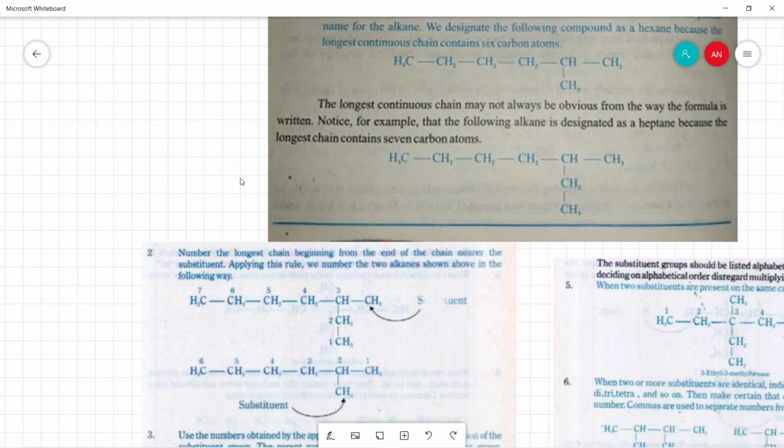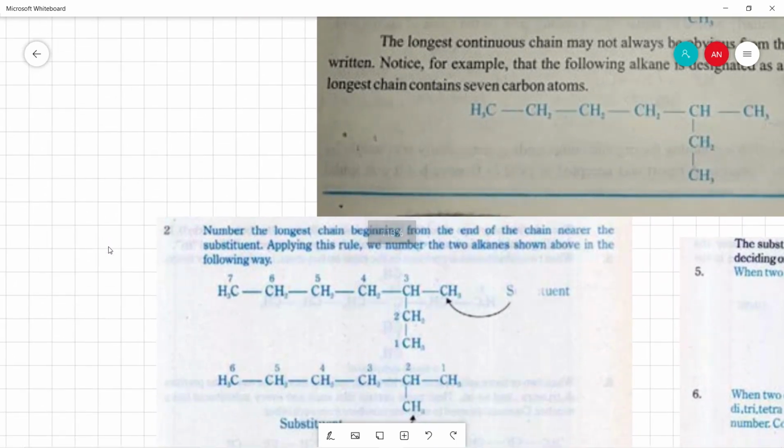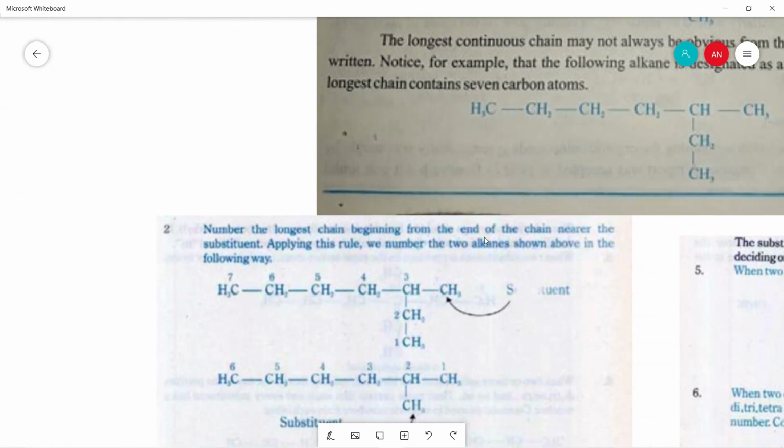Rule number 2, number the longest chain beginning from the end of the chain nearer the substituent. Applying this rule, we number the 2 alkanes shown above in the following way. This rule is saying that we will start numbering where the substituent is near. What is a substituent? Substituent means branch.